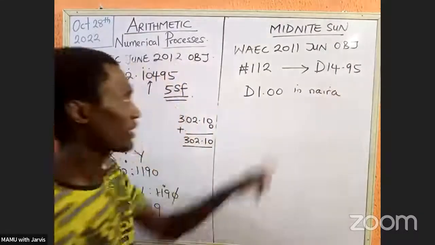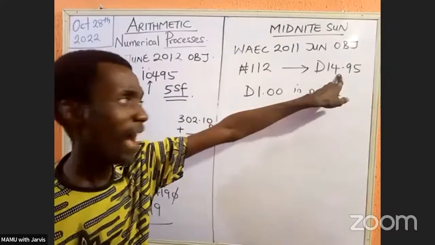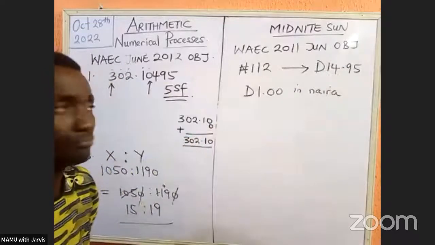So we're told that this is equivalent to this amount. Now we have to find what 1 of this will be equal to.